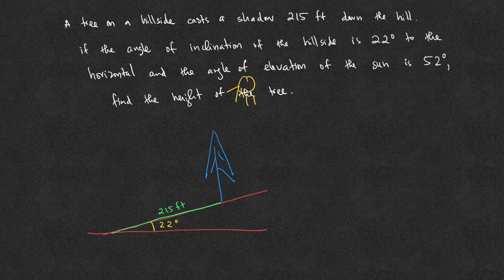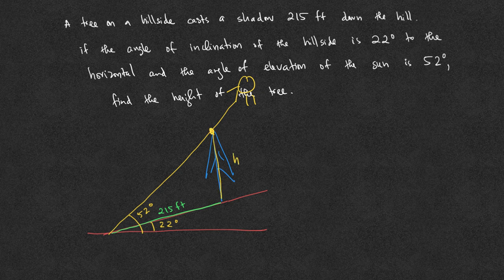The angle of elevation of the sun is 52 degrees. So if we were to look up to the sun, to the top of the tree, this angle is 52 degrees. We're looking for the height of the tree, which we will label as h.